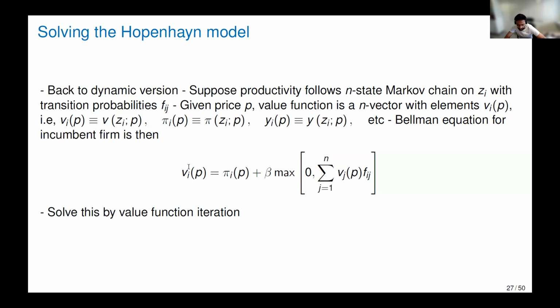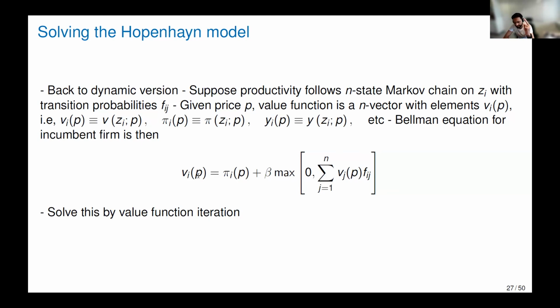So you will guess any starting value for each productivity type. Now this value should equal the profit today plus a continuation value. Okay. And then the sum should be that value itself. Now, if this is different from your initial guess, then you need to redo this process, and you will do it until your guess converges to the true value of the firm.